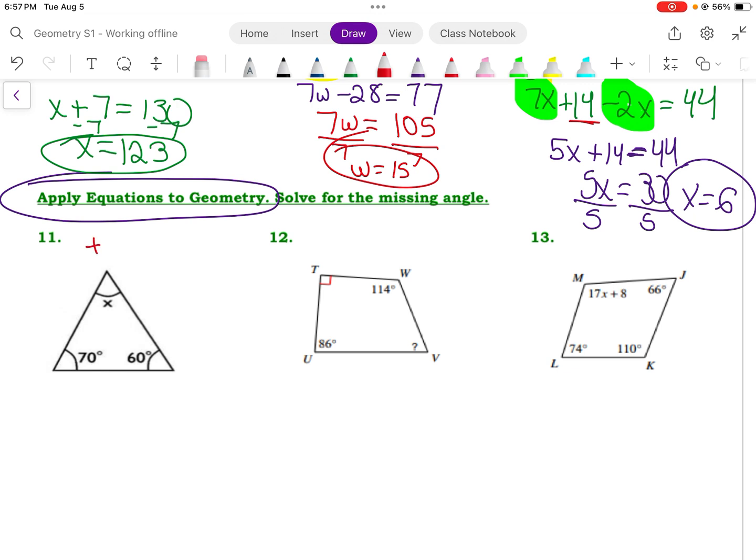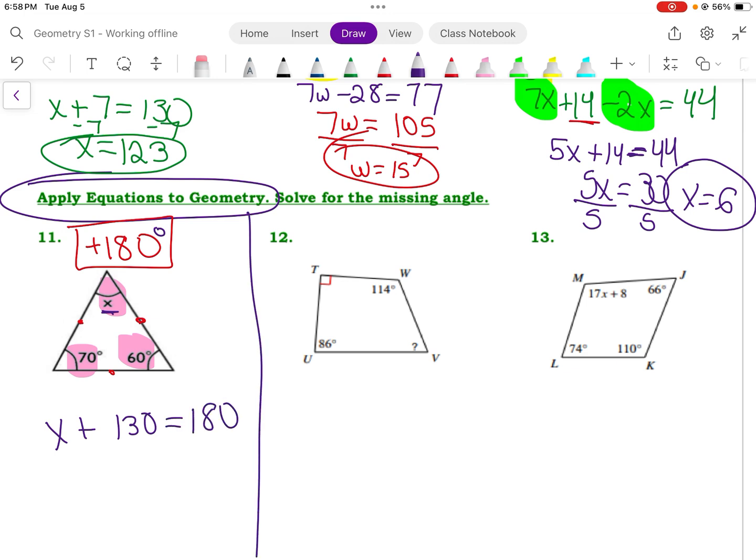So triangles are going to be adding up to 180. Triangles just means that they have 3 sides, 1, 2, 3, and they also have 3 angles, 1, 2, 3. Angles are these things on the inside, and the angles are going to add up to 180. So we have 1x, and then I'm going to do 70 plus 60, which is 130, and that's going to equal 180.